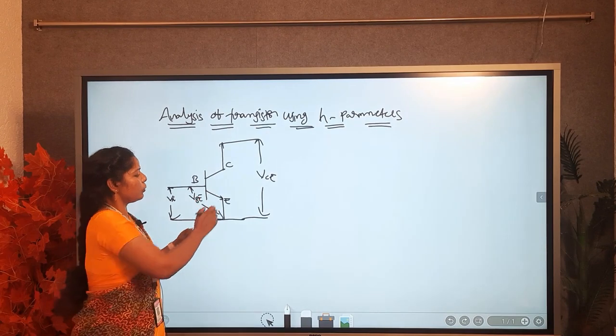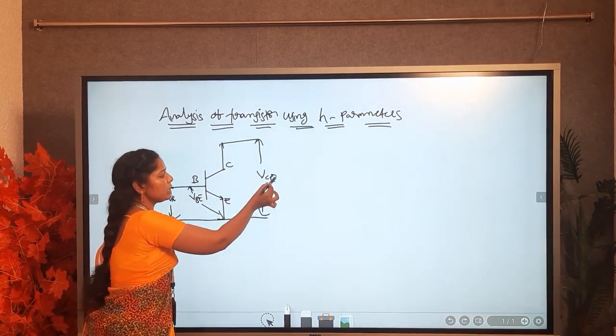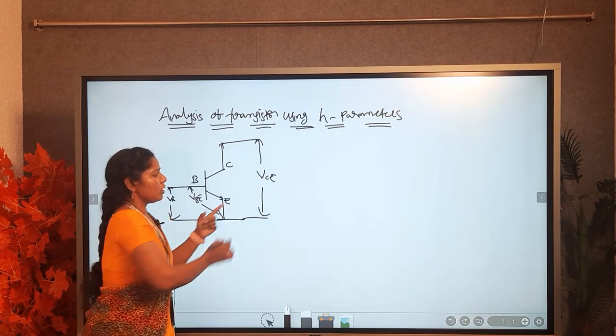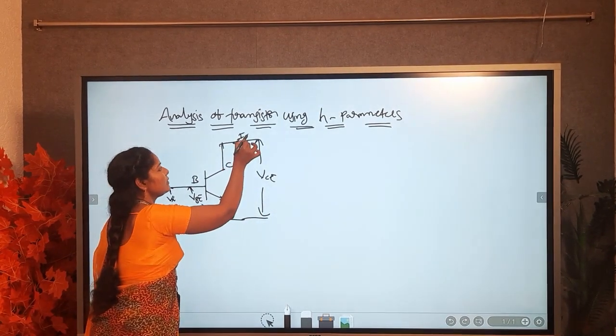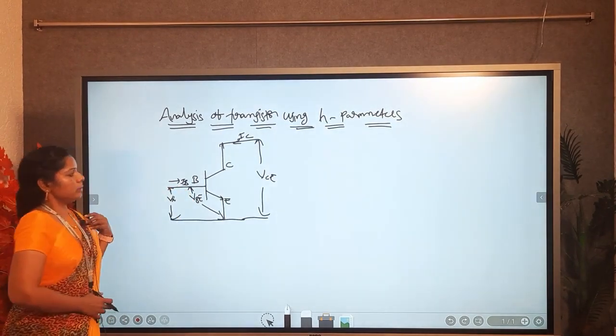We are getting the output at the emitter and collector terminals, so the output voltage is VCE, the output current is IC, and the input current is IB.